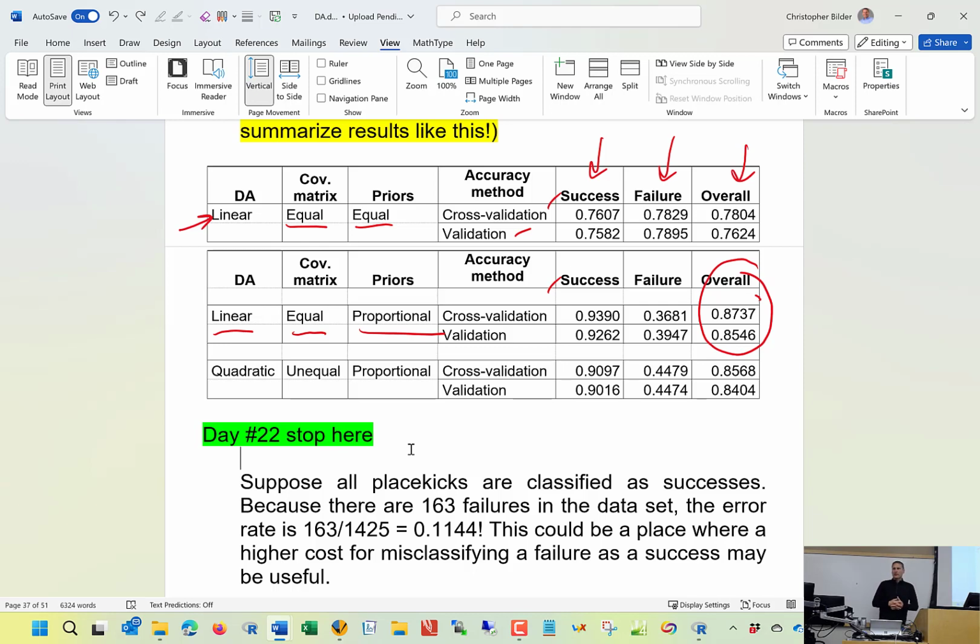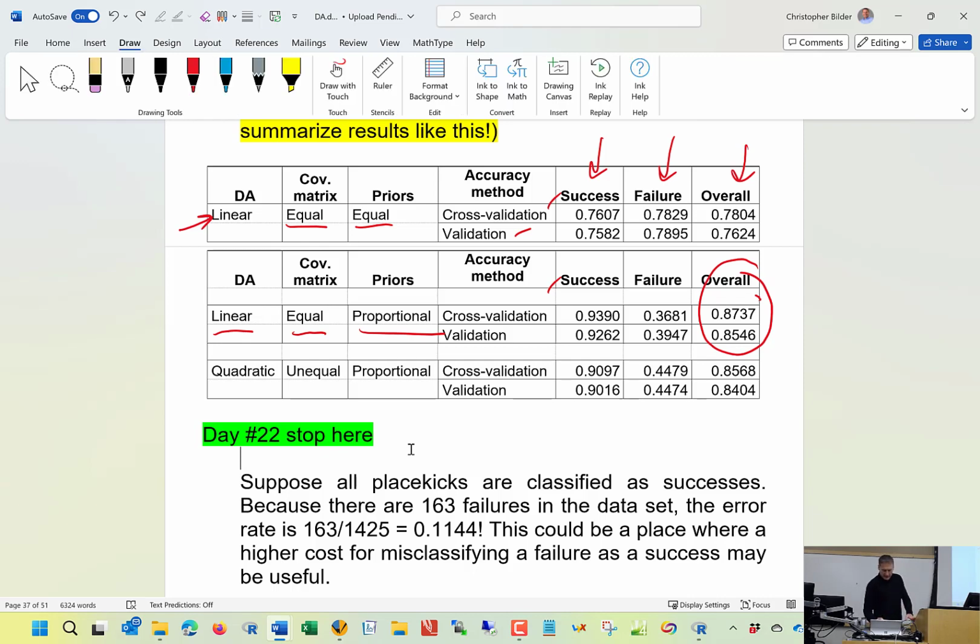But here's something also to think about. In this data set itself, we have only 163 failures. So 11.44% of the data is failures. The remaining 88.66% is successes.